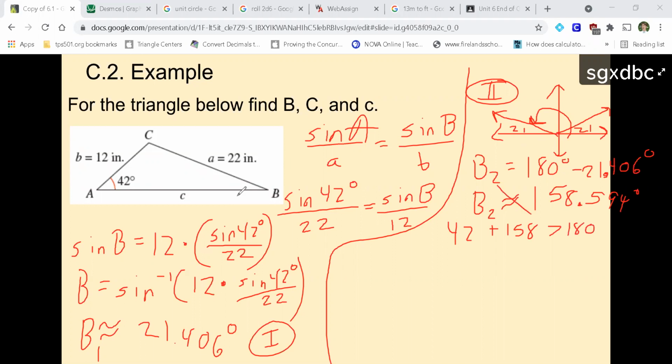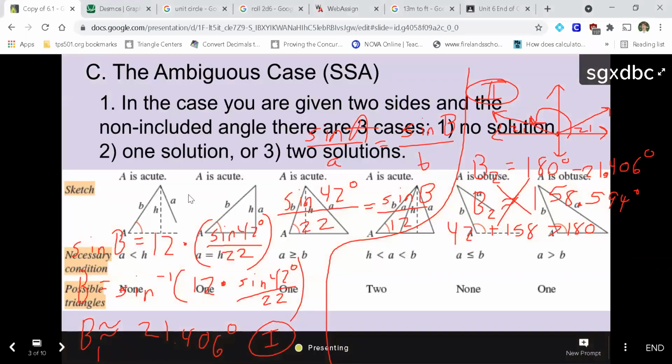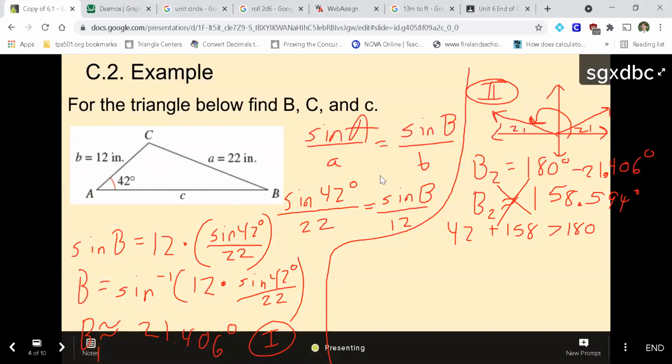So this actually cannot happen for this triangle and this triangle only, because it turns out that this is the case where A is greater than B, which means there's only one solution.